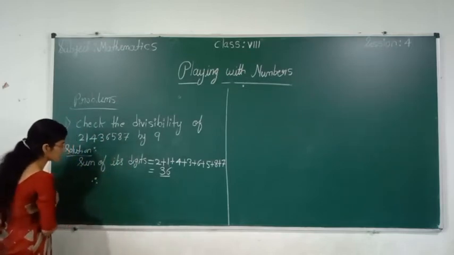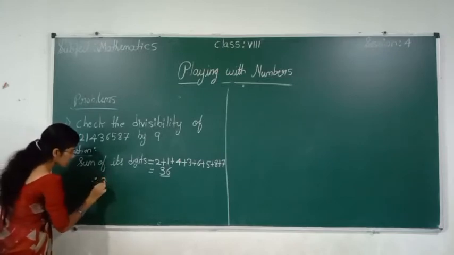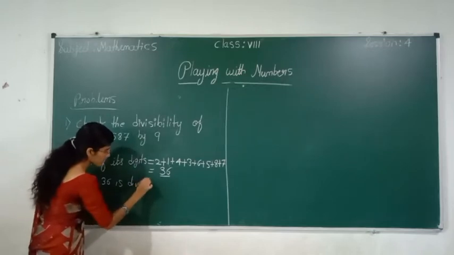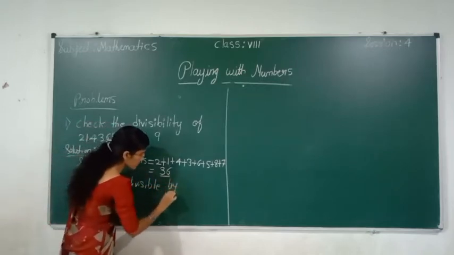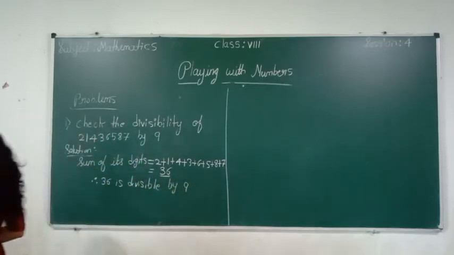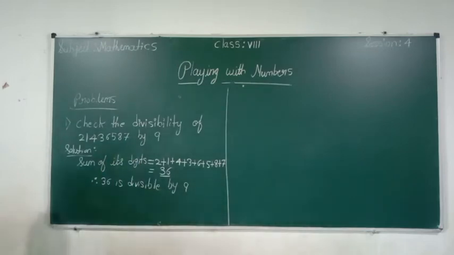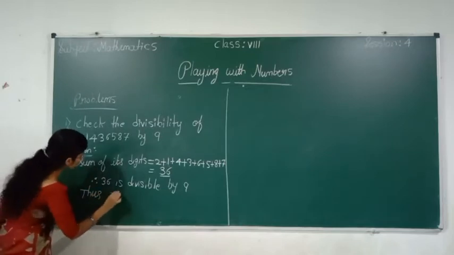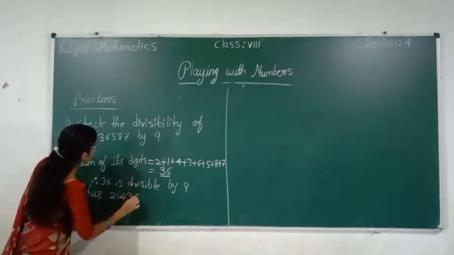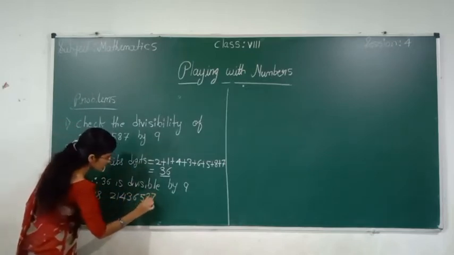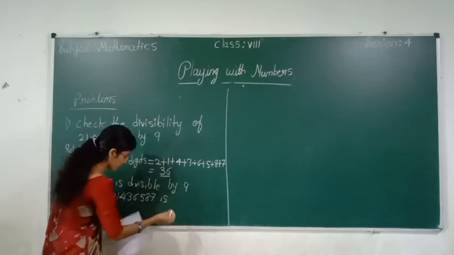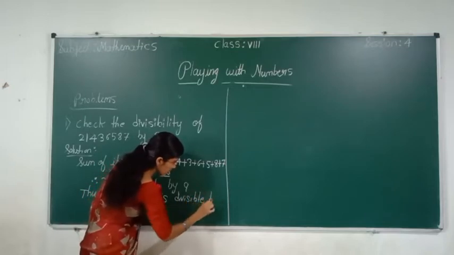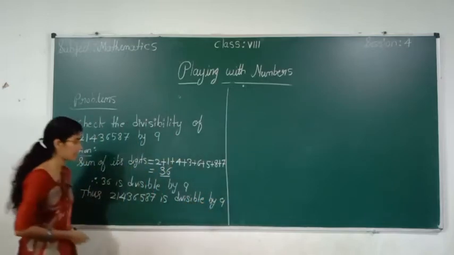Therefore, 36 is divisible by 9. Thus 2143658 7 is divisible by 9.